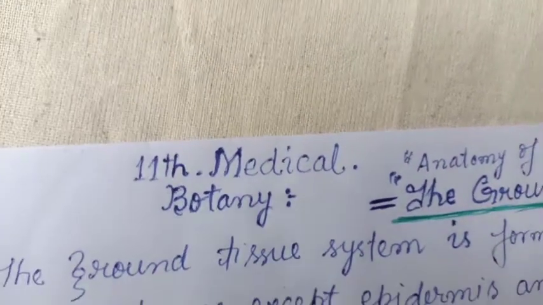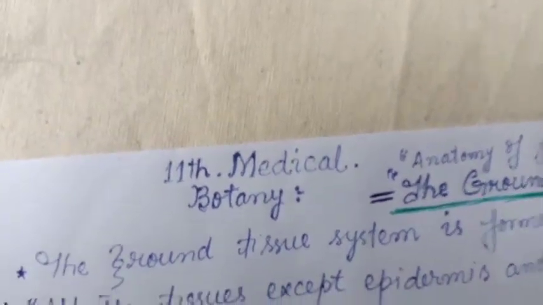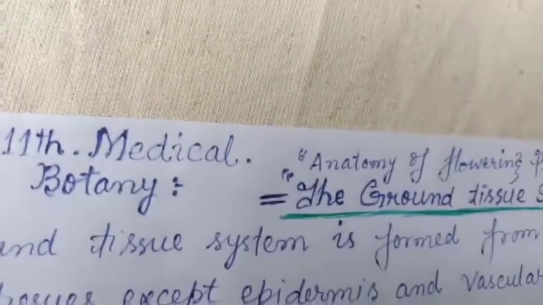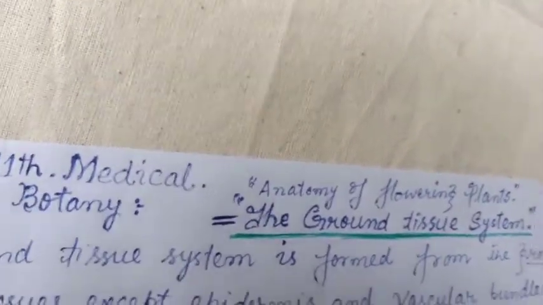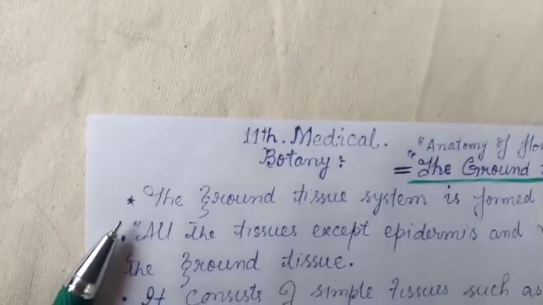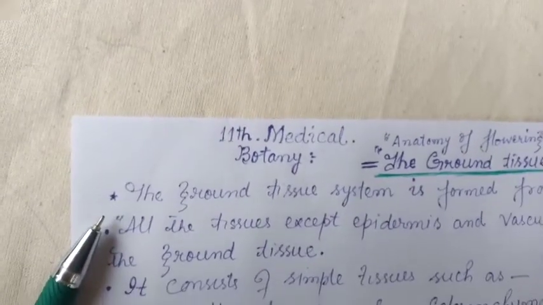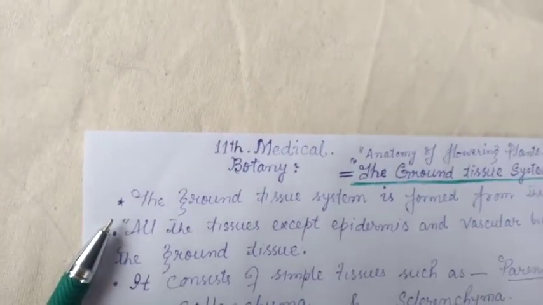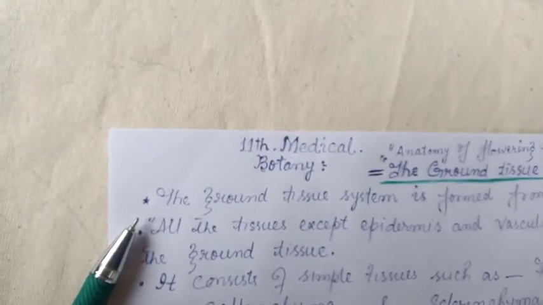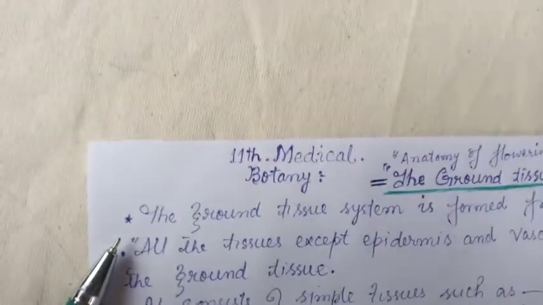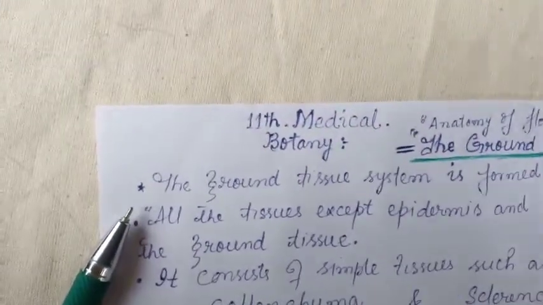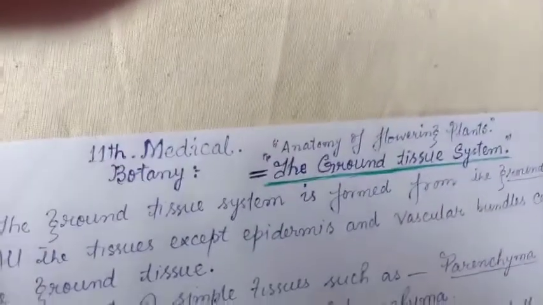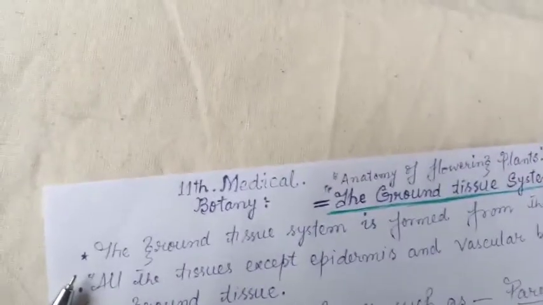My dear students of 11th Medical, as we have been discussing the anatomy of flowering plants, in our previous classes we have learned about the tissues, the meristematic tissue, the permanent tissue as simple tissues and complex tissues, and then we have taken up the tissue system, of which we have discussed the epidermal tissue system.